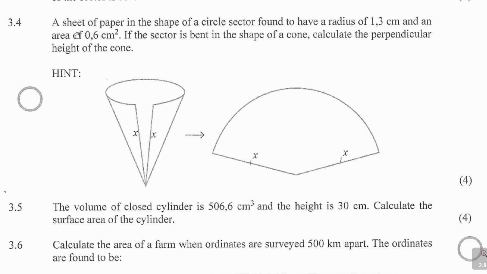Look at this. It says a sheet of paper in the shape of a circle sector is found to have a radius of 1,3. So here, this is what they are saying. This thing has a radius. That radius is 1,3.